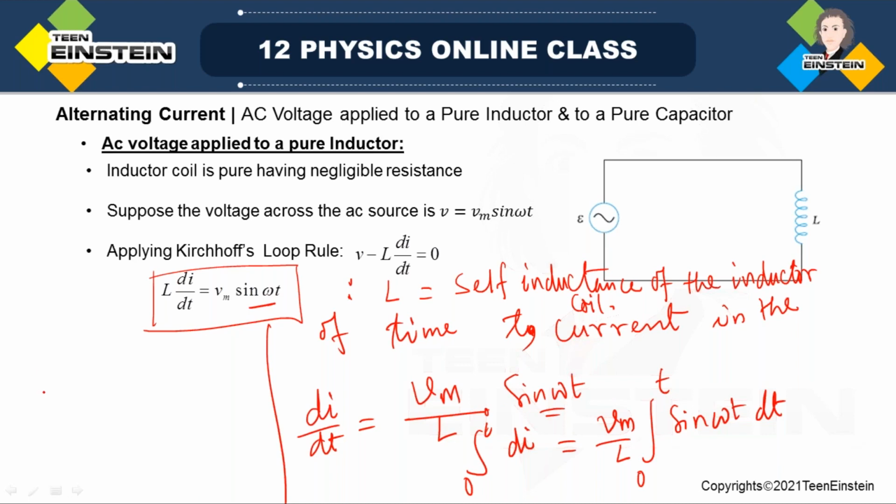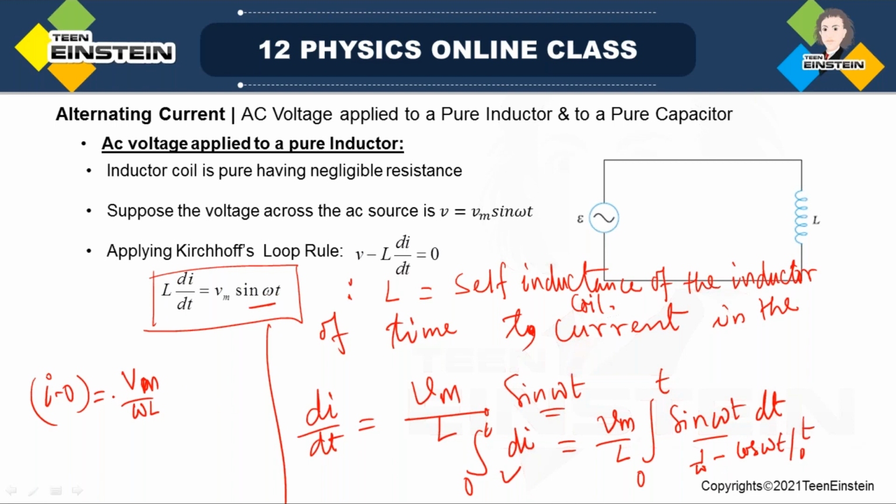See, from here what we get is, integration left hand side will be I minus 0, and right hand side will be Vm by omega into L, because if you just do the integration of this, you will get 1 over omega and minus cos omega t, with limit 0 to t.